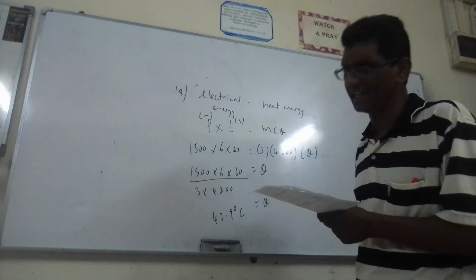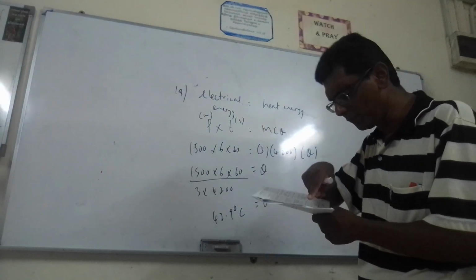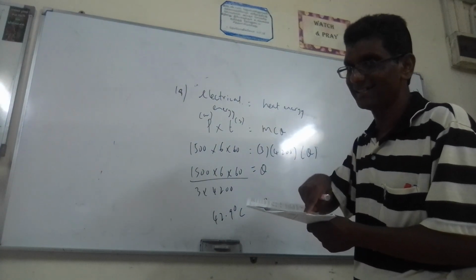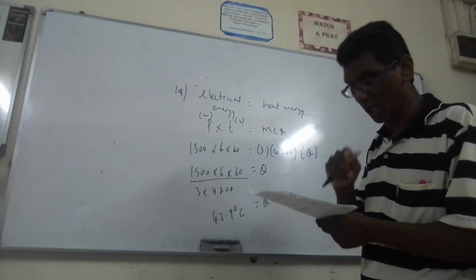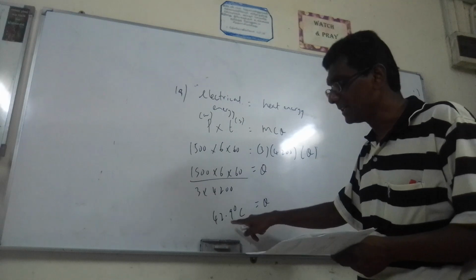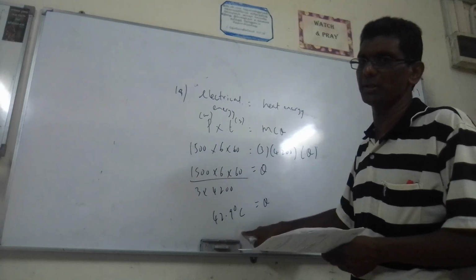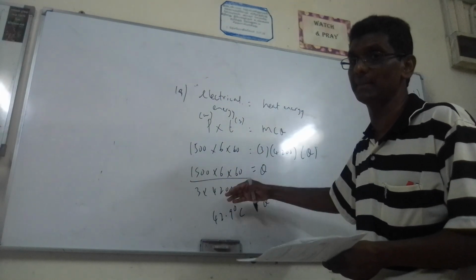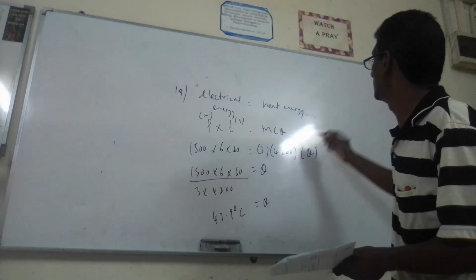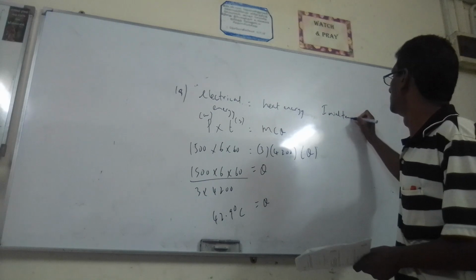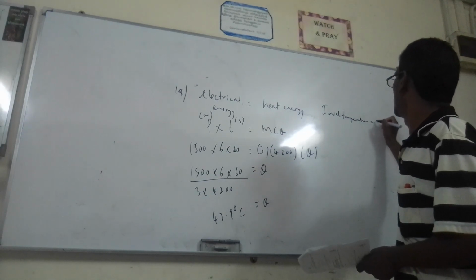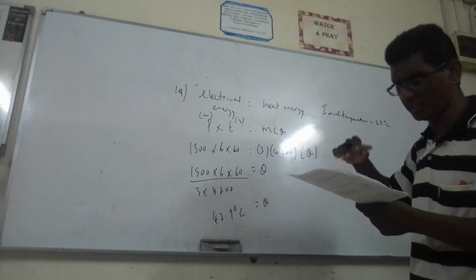42.9 degrees Celsius. There's the answer 42.9, but that is not the final answer. The answer is 70.9, because 42.9 is the difference in temperature, or rise in temperature. The initial temperature is 28 degrees Celsius. So what is the final temperature?